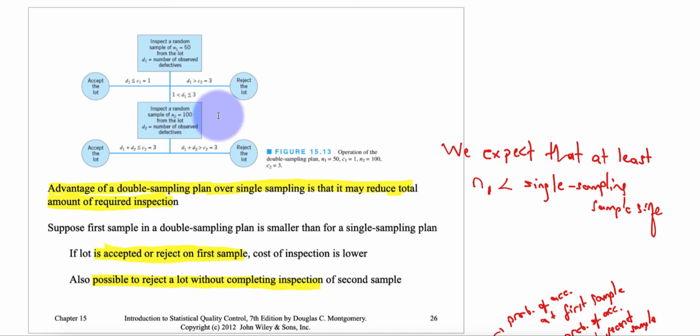If there are lots of rejected lots, we also don't need to go to the second sample. But if the number is between that range, we need to take another sample, which increases the sample size compared to the single sampling plan. But on average, we expect the number of inspections to be lower. That's why we are doing double sampling.